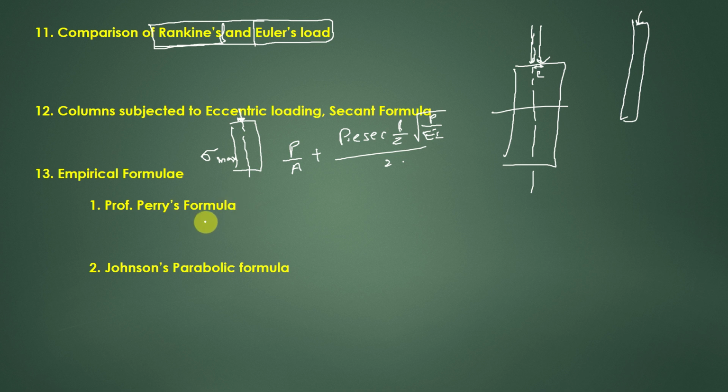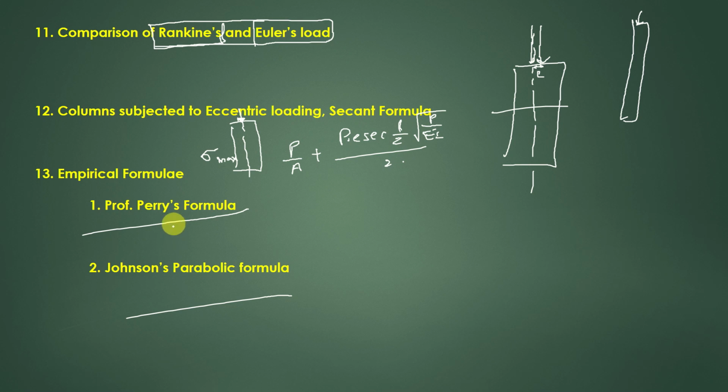Apart from that, we have some empirical formulae like Professor Perry's formula and Johnson's parabolic formula. These people believed that Rankine's and Euler's formulae will not give correct results, even though they have considered a lot of assumptions.